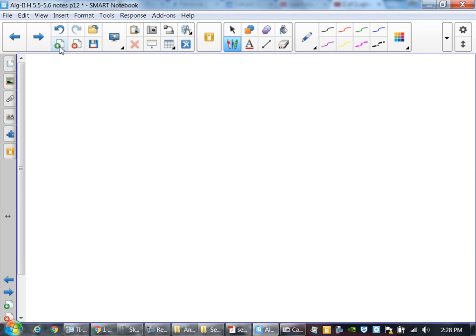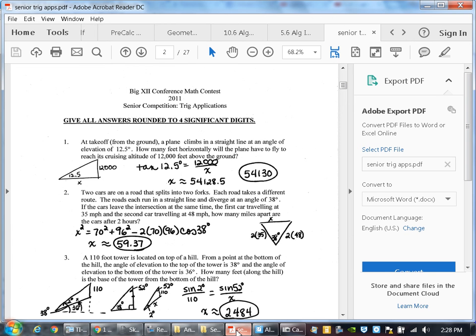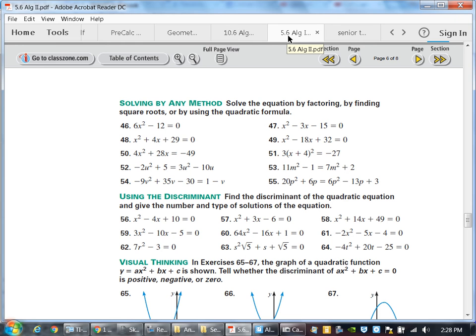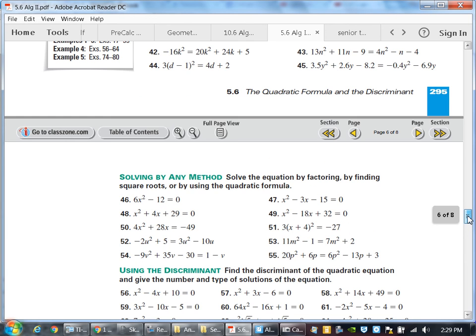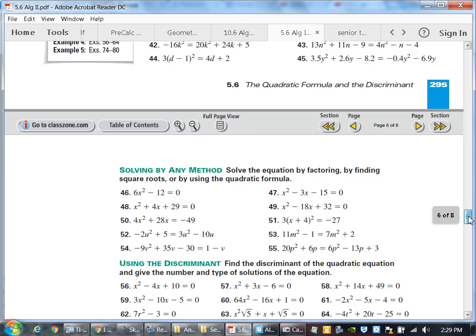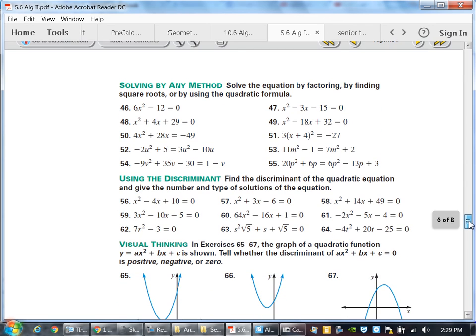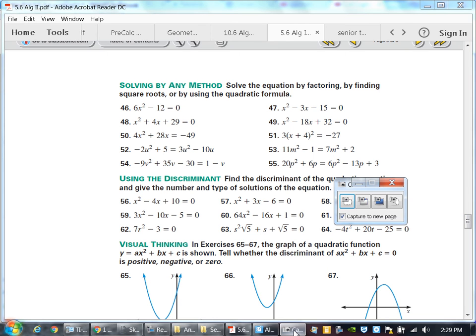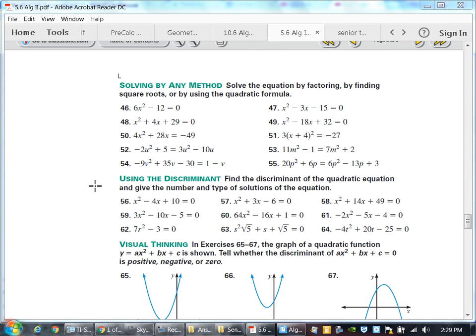What I want you guys to do tonight, I got you going through 5, 6. I still want you to work through a couple more of these solve equations because believe me, you still need a little bit of help on them. I put it on the calendar already.